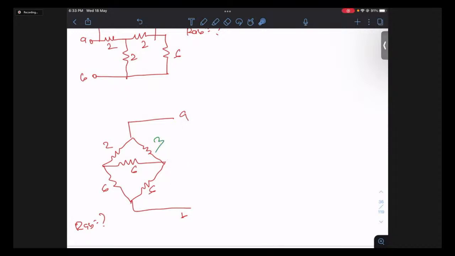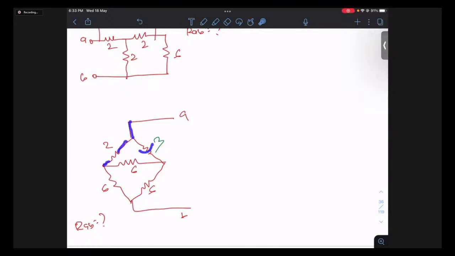Then how do you find it? If it had been a balanced bridge, then you could have removed this 6 ohm resistor, and it would have been a simple series parallel circuit. You could have solved it. But how do you do it in this case? So here is the problem actually. We cannot do any series parallel kind of things, because the current is getting divided.